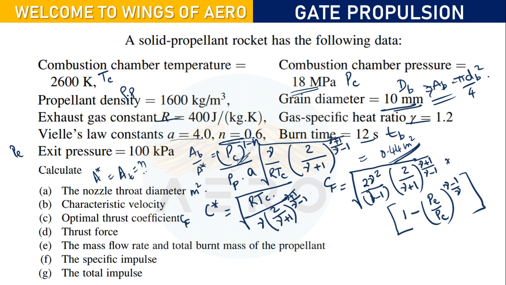The thrust formula is already known. What is the thrust? Mass flow rate you also know. From the total mass burned, you will get M dot. First you find M dot, then you multiply by the time of burn, and you will get that. Then the mass flow rate, let me write this formula.